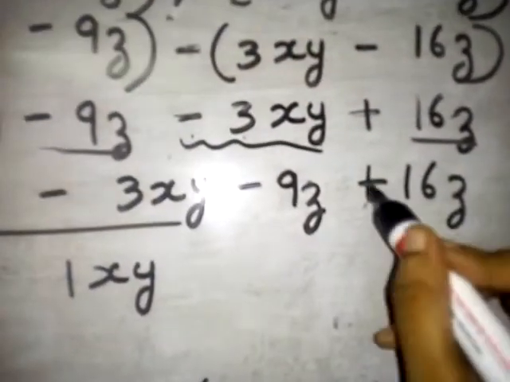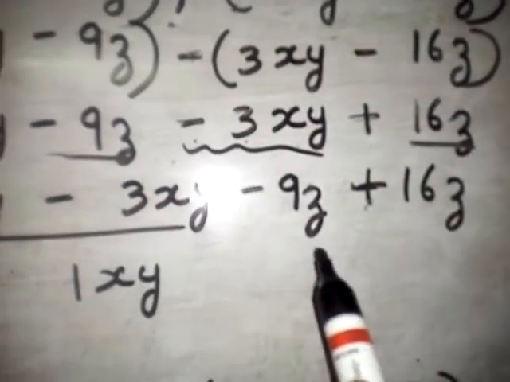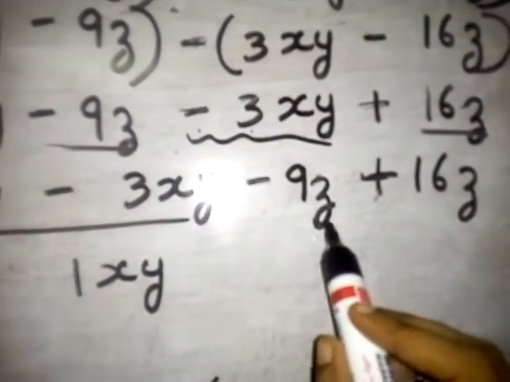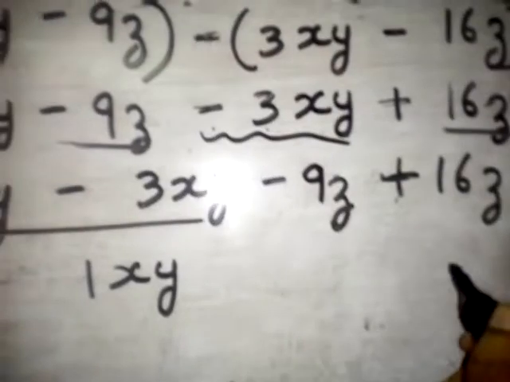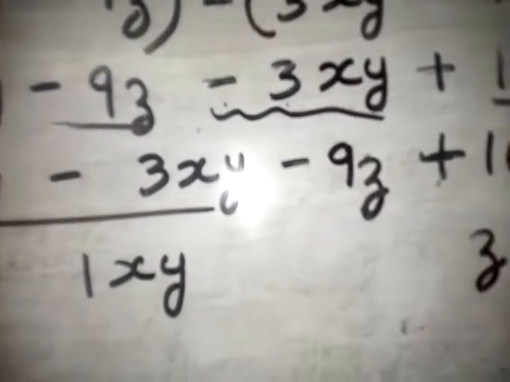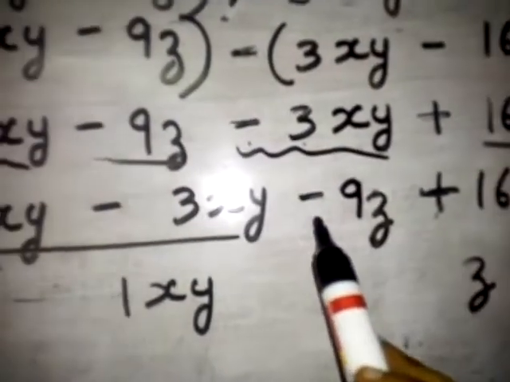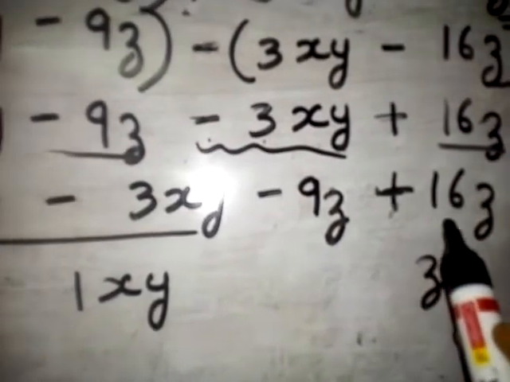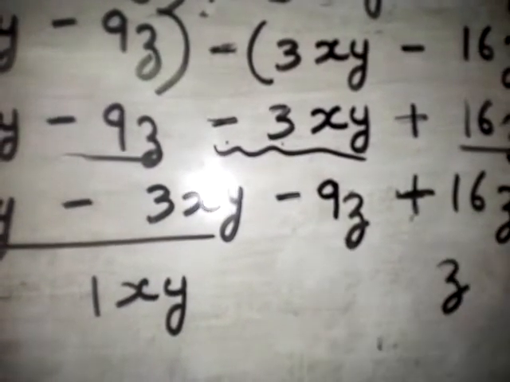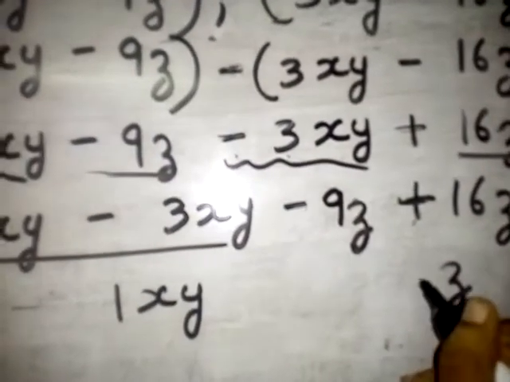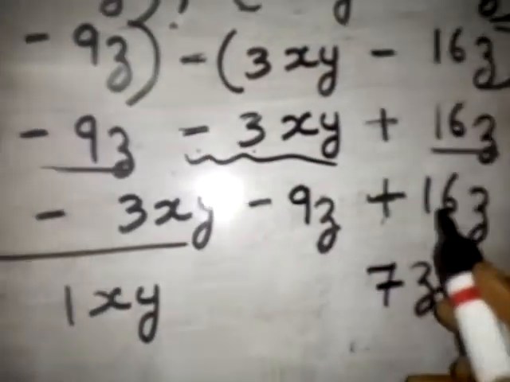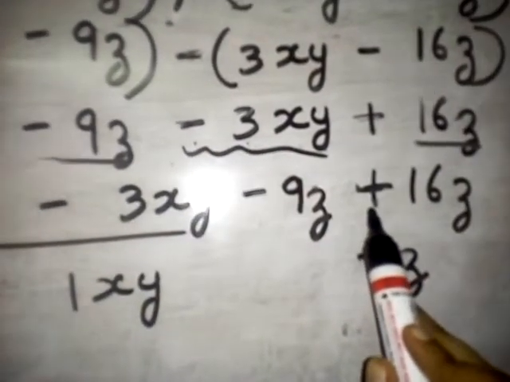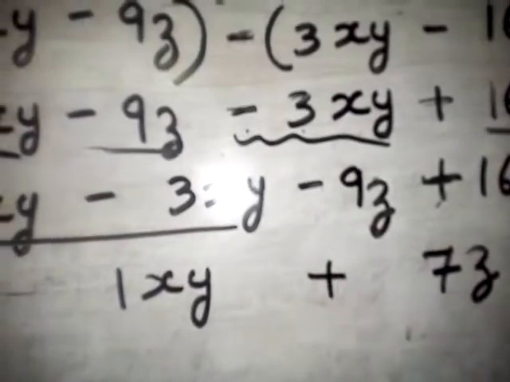Minus into plus is minus, so you have to subtract. Here which variable is there, same, z. So first write the variable as it is. Minus into plus is minus, so subtract it. 16 minus 9, how much? 7. Also for the greater number you have to see the sign. Greater number, which sign is there, plus.